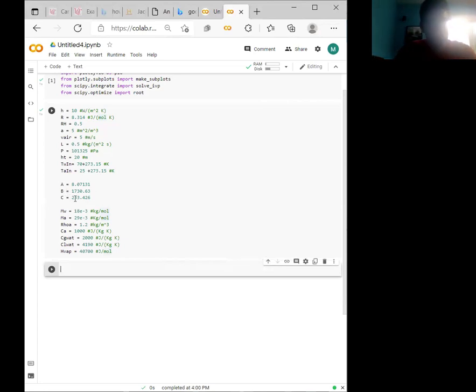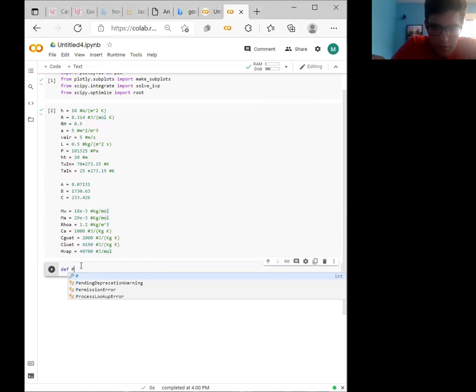The Antoine constants, using Antoine's equation to solve for the vapor pressures at different temperatures. So we're going to input temperatures and get vapor pressures back. So we're going to define a function. We'll call it P_vap, and we're going to do the temperatures. I always forget my colons.